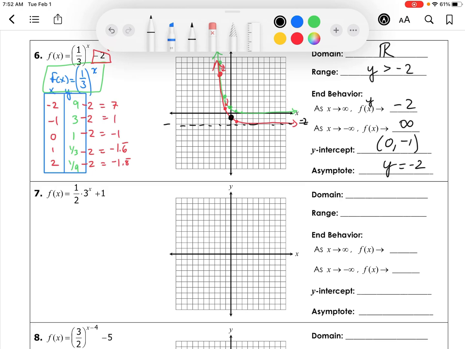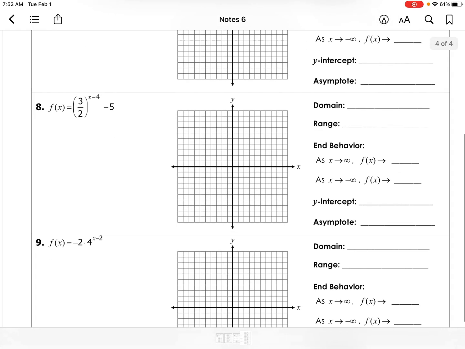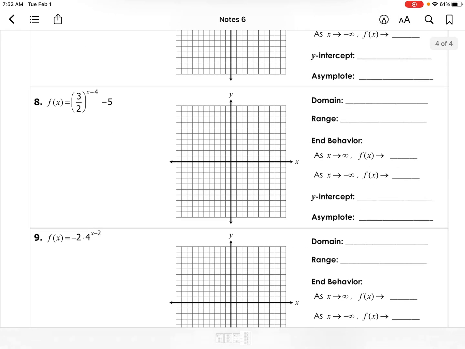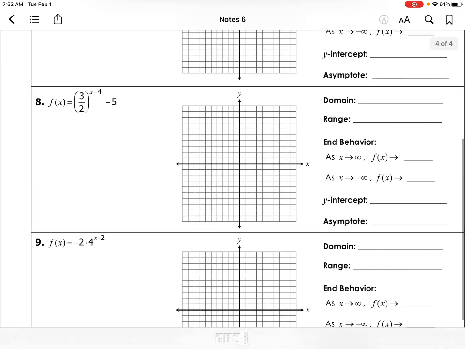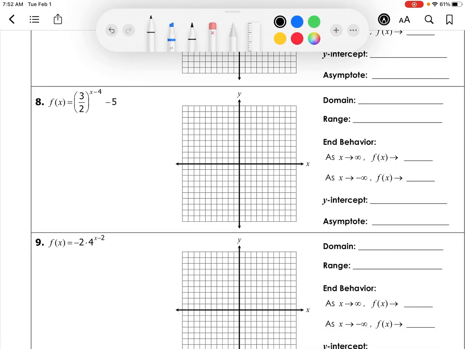All right, let's do one more problem. Let's do number 8. So our parent function for number 8 is just f of x equals 3/2 raised to the x. And let me come up with a little table here with x's and y's. I'm going to use -2, -1, 0, 1, and 2.